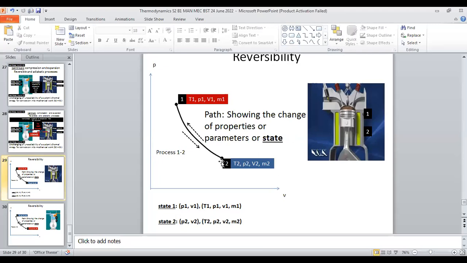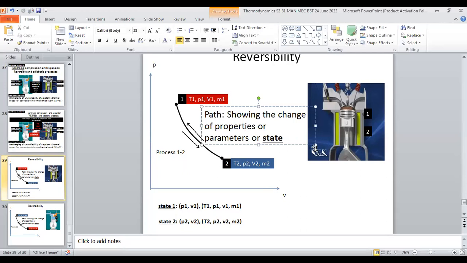Process 1 to 2 and process 2 to 1 are a reverse of each other. So forward path, reverse path, falling on the same process line.